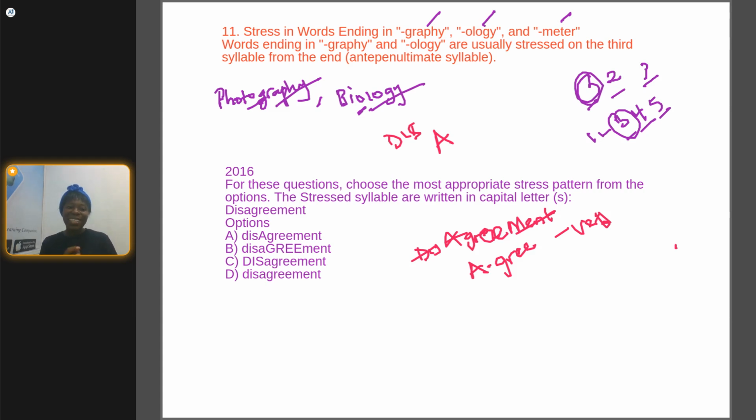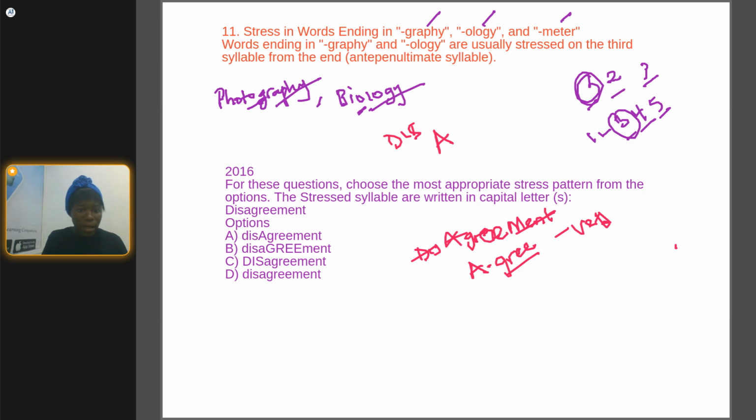Thank you, Blessing, I like this answer. Yes, so agree is the stressed one. Agree is stressed in disagreement because the verb agree has two syllables and the second part is the stressed one. So what you are looking for now is the option with stress on gree.